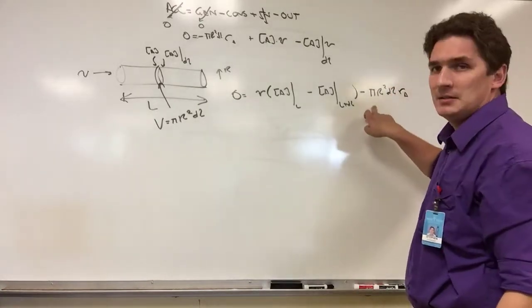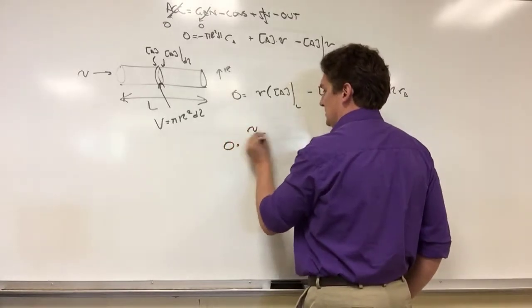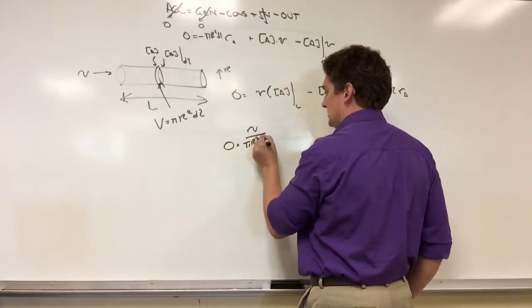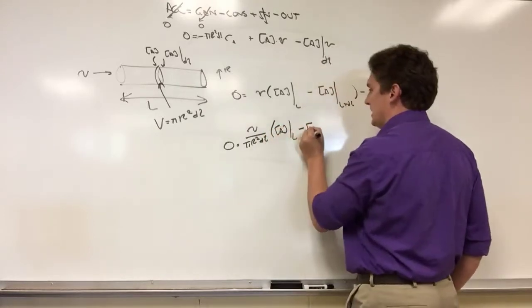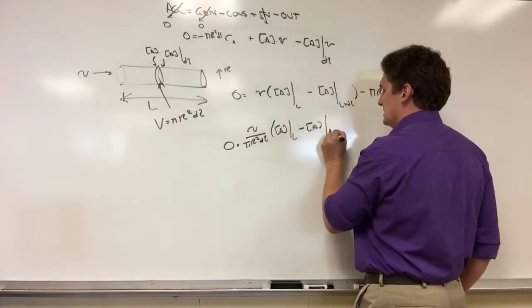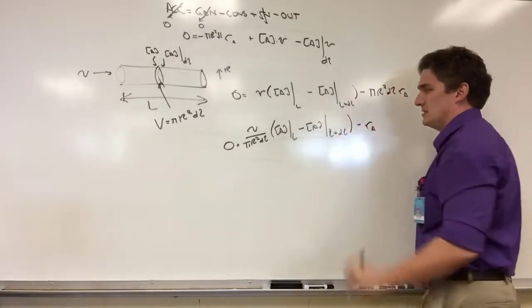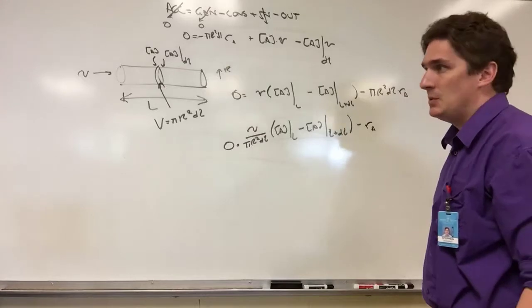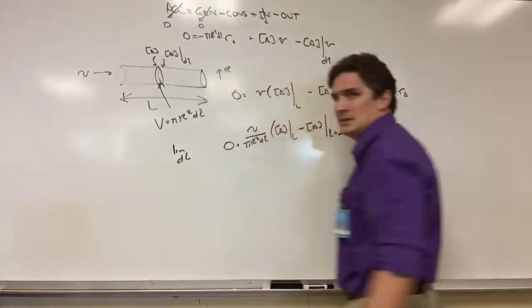So we're going to divide here by pi r squared dl. We get 0 equals volumetric flow rate over pi r squared dl, times A evaluated at l minus A at l plus dl, minus r sub A. Now what we're going to further do is take the limit as dl goes to 0.